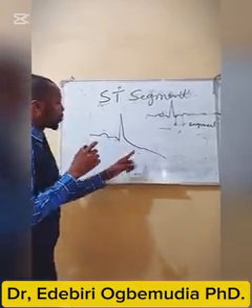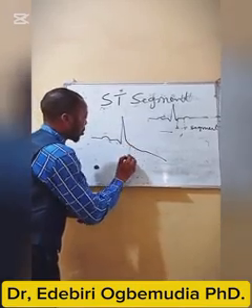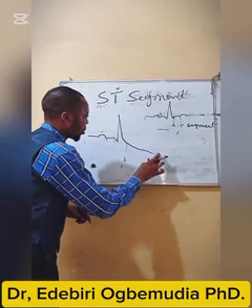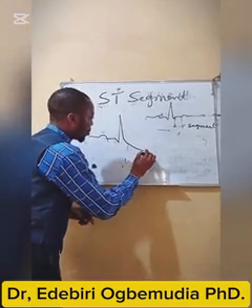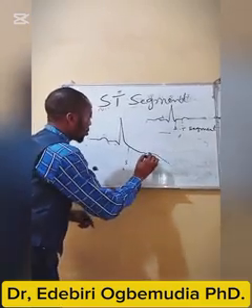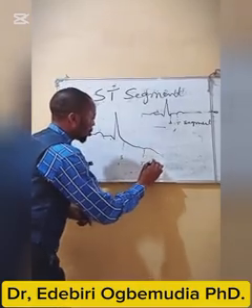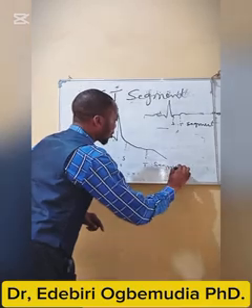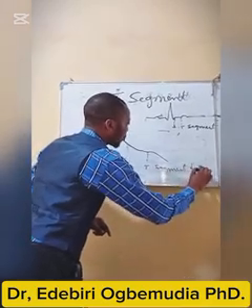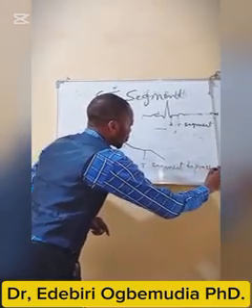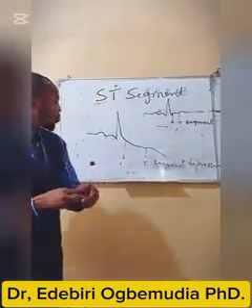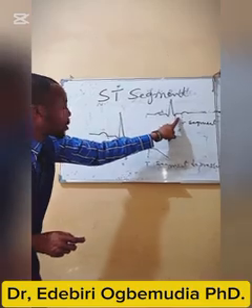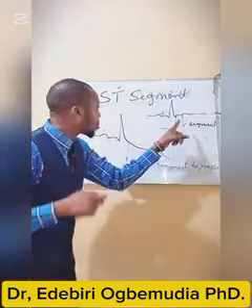You can see this is S and this is T, ST segment depression. So if you look, this is a normal ST segment.